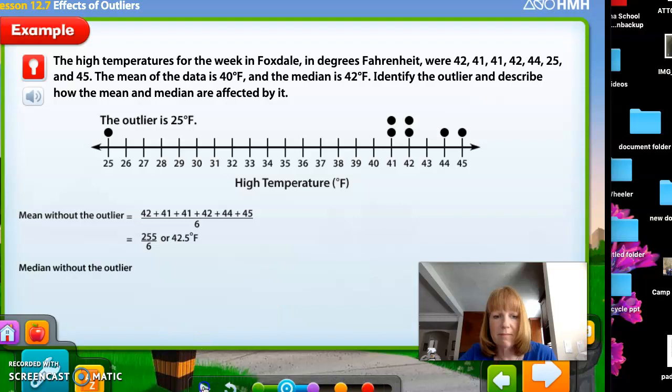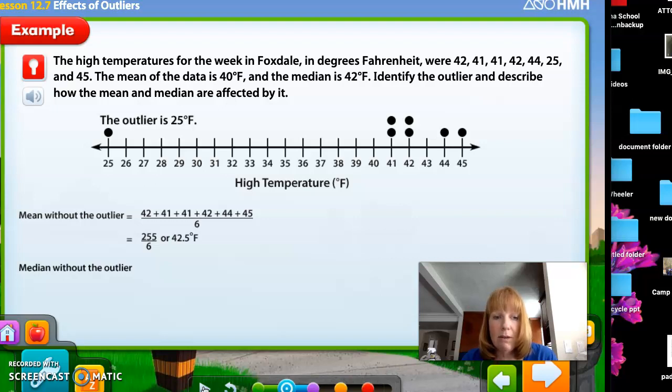To find the mean, you add up all of the data points and divide by how many data points there are. They added up the 41, 41, 42, 42, 44, and 45. They did not include the outlier. When they added those up, they got 255. They divided that by 6 to get the mean of the data without the outlier.